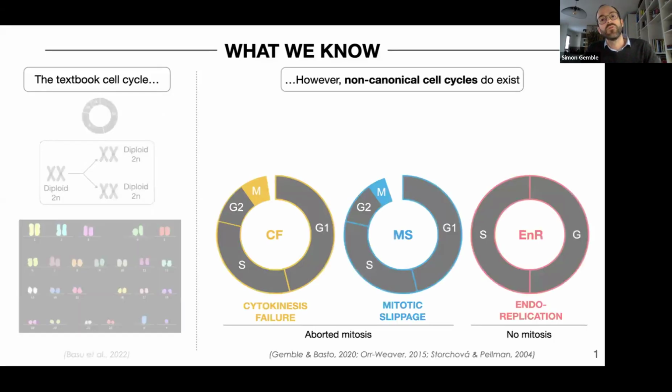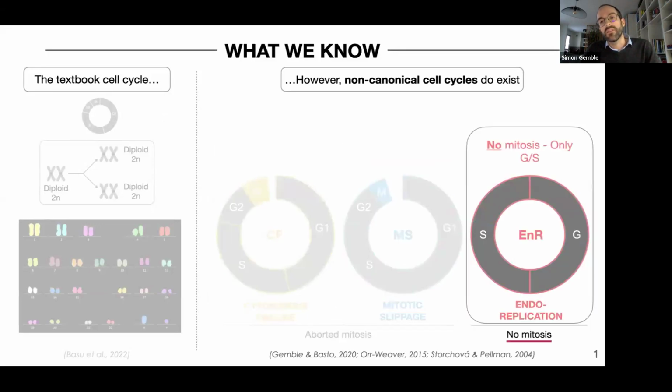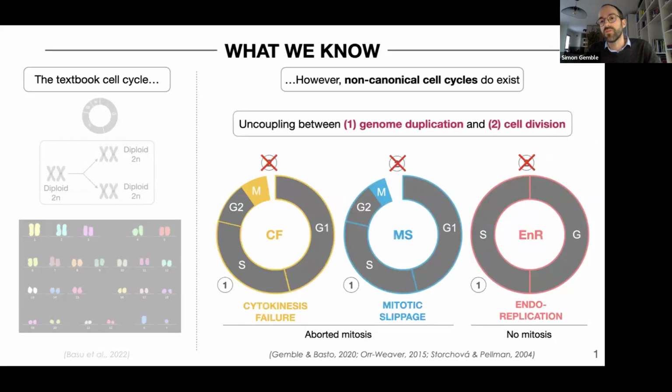But as I said, there are also non-canonical cell cycles. They can be based on aborted mitosis. So this is when cells exit mitosis after or before chromosome segregation, like in cytokinesis failure or mitotic slippage respectively. Or they can be based on the absence of mitosis, like for endoreplication, which is only G and S phases. But they have in common the fact that there is an uncoupling between genome duplication and cell division.